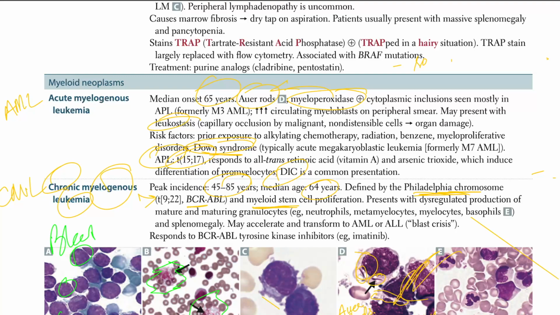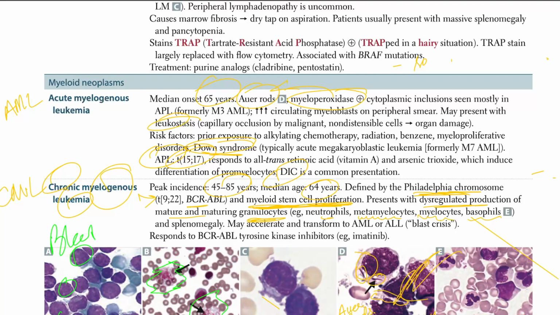Myeloid stem cell proliferation presents with dysregulated production of mature and maturing granulocytes: neutrophils, metamyelocytes, myelocytes, basophils.